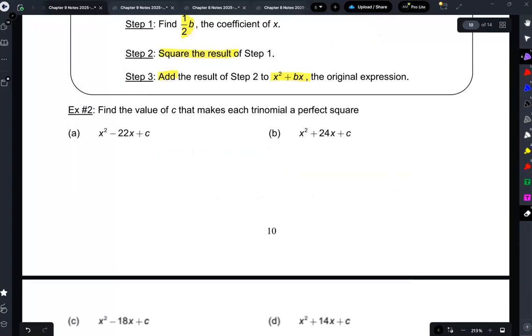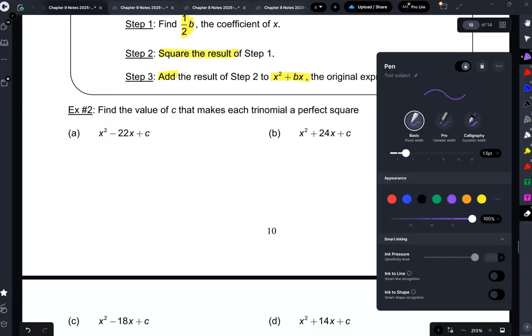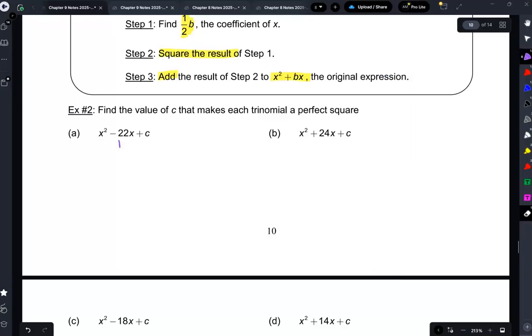Look at this one. I have x squared minus 22x plus c. I want to put a special number for c so I'm able to factor it in the way I did before. So the way I do that is this. What's b here? Not 1. Negative 22. So step 1, I take half of negative 22.